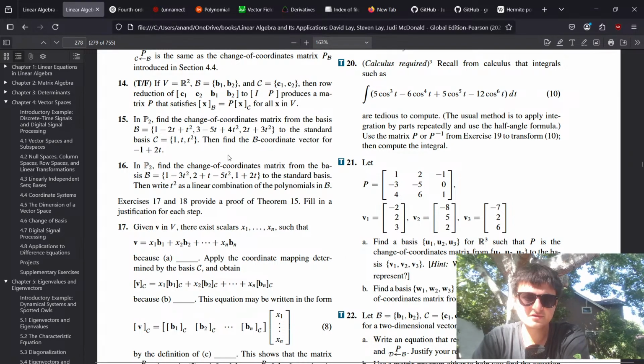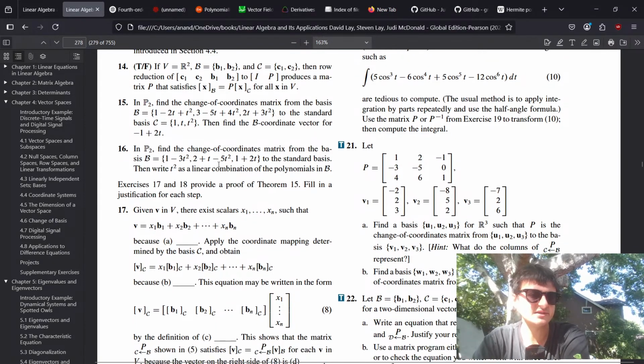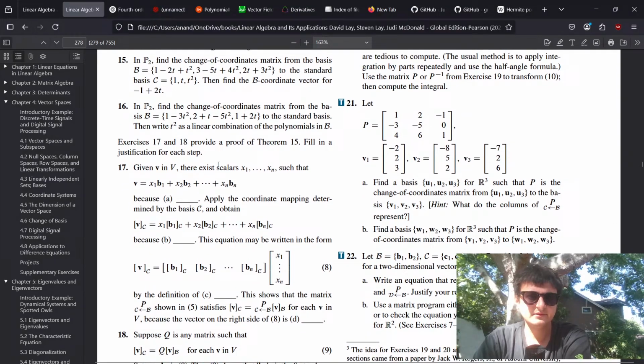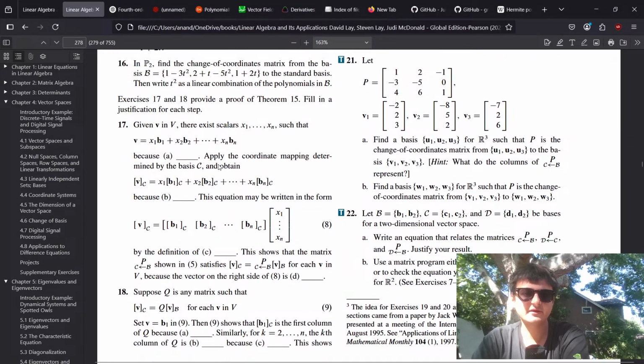If you give (1, 0, 0), then it's just going to be this first column, and that vector is written in terms of the standard basis. So that's kind of nice, right? A nice way to help check your understanding.